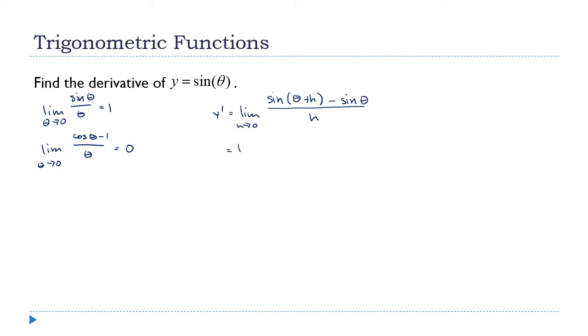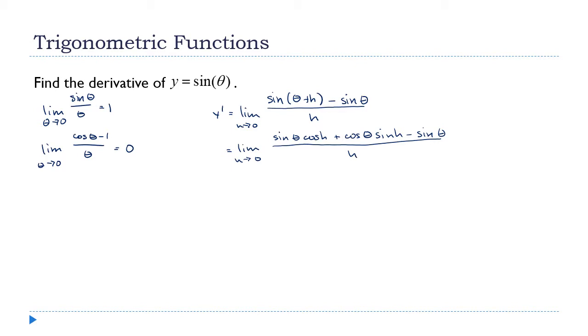So this becomes the limit as h approaches 0 of sine theta cosine h plus cosine theta sine h minus sine theta, all over h.